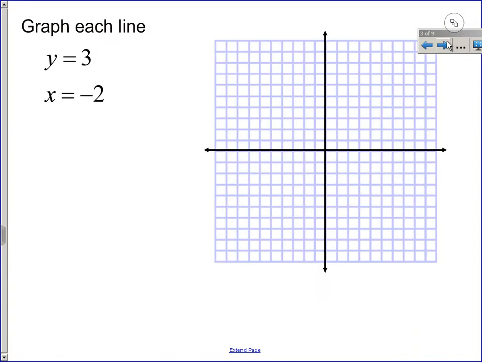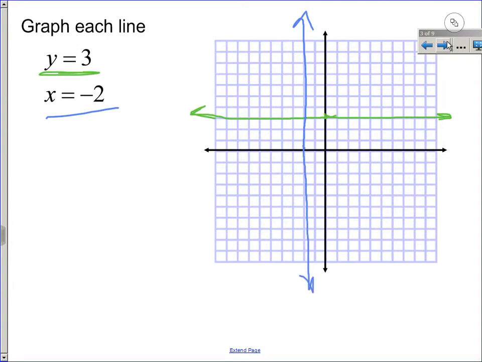Another situation in which you can get perpendicular lines is when you have horizontal and vertical lines. Remembering when we graph these, if y equals 3, I can go to the point where y is 3, and I know all the points to the right are going to be 3 as well for y, and all the points to the left will be 3 as well. Graphing x equals negative 2, I'll go to the point where x equals negative 2. I know all the points above are going to be negative 2 for x, and all the points below will be negative 2.